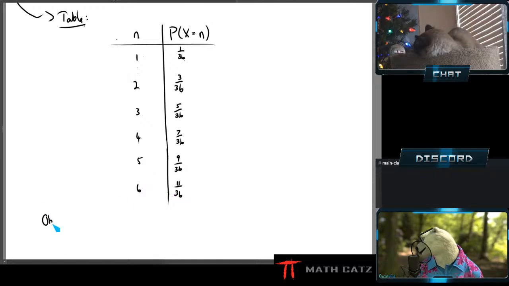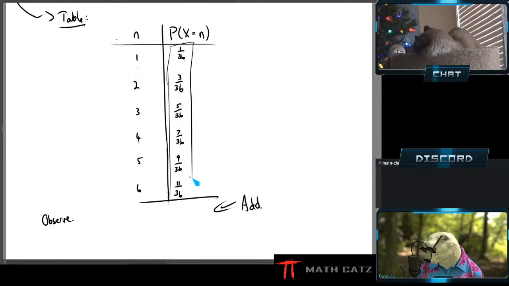Let's observe something. If I add up all of these probabilities, I get 1 out of 36, that's 4, that's 9, that is 16, that is 25, 36. 36 out of 36, or 1, or 100%.